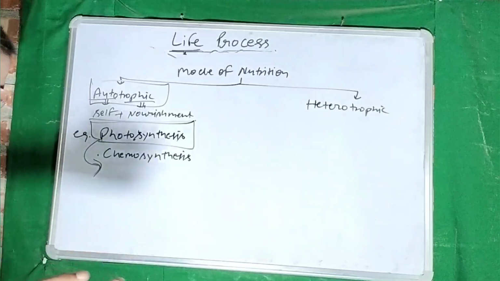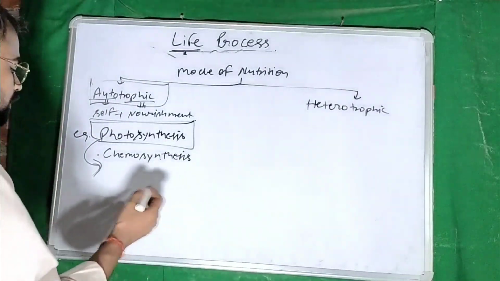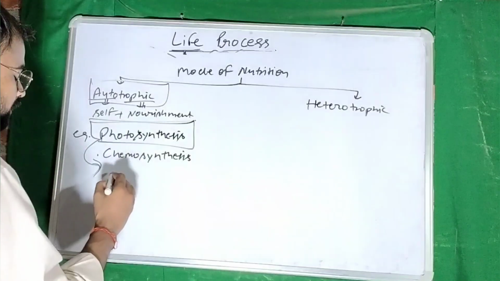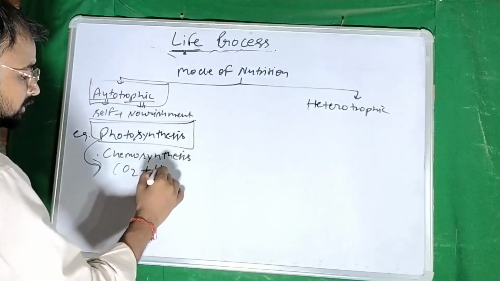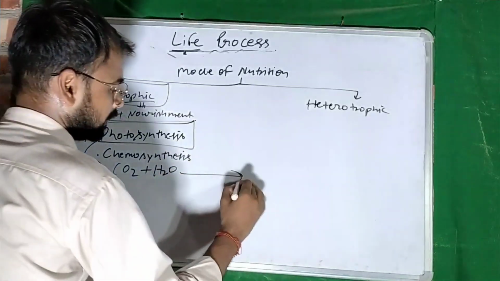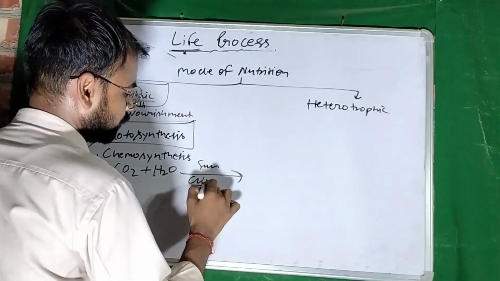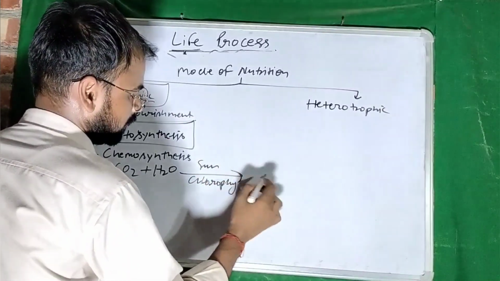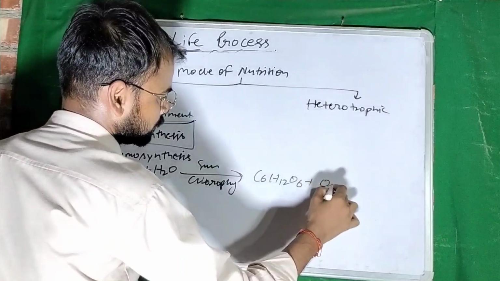Now the question comes, what is photosynthesis? Photosynthesis is a process in which plants make their own food by the use of carbon dioxide plus water in the presence of sunlight and chlorophyll. They will make glucose plus oxygen.